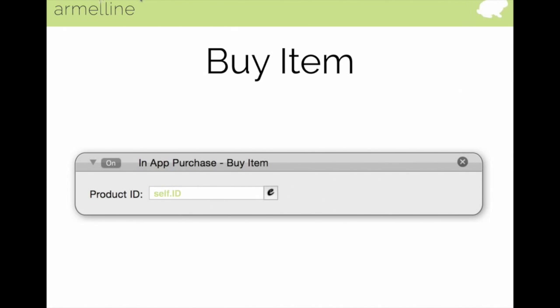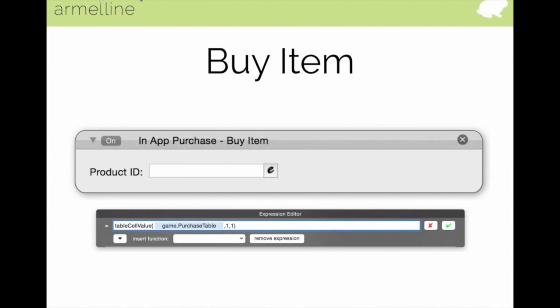You can use attributes, though, to refer to what product ID it is. So if you've got 10 buttons in your shop, you could have each of them have a self attribute saying the ID, and then use the same prototype actor to power every button. So that's very handy, and it's always worth considering.